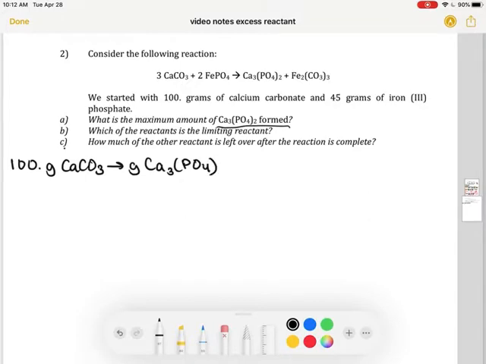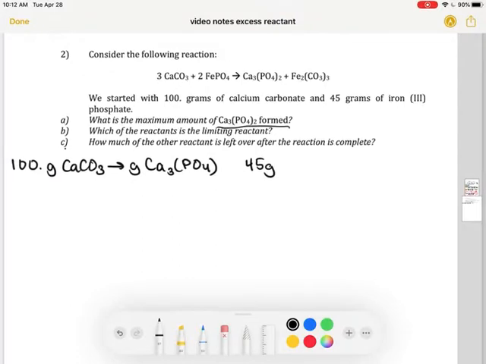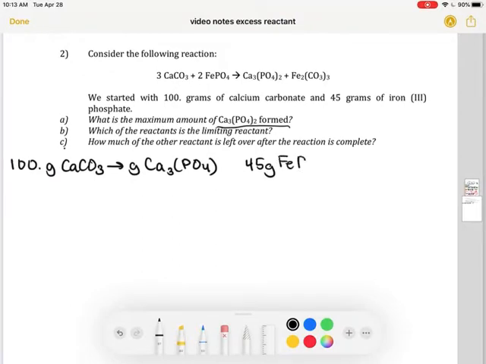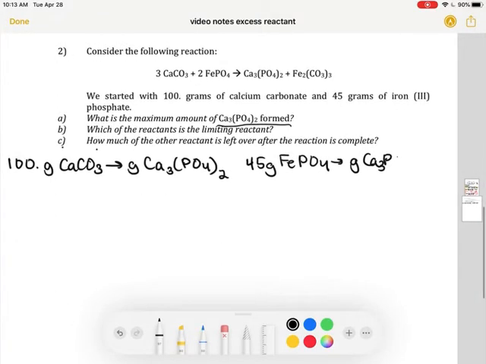We're also going to do 45 grams of iron 3-phosphate, FePO4, and we also have to go to grams of calcium phosphate, Ca3(PO4)2. One of these is going to be our limiting reactant, whichever one gives us the least amount.